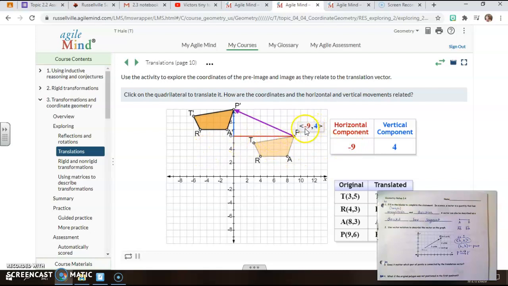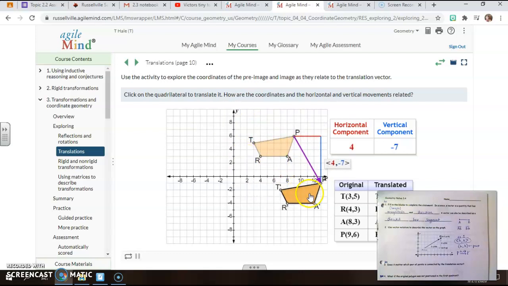So that makes that number in the x spot a negative number. That denotes that I'm going left. And then I went up, so the number in the y position is positive, showing that you're going up. Now if I went to the right and down, now the x spot is positive and the y spot is negative. So it does matter which pair of points is connected. That tells you the direction, which tells you what signs to use in your vector notation.